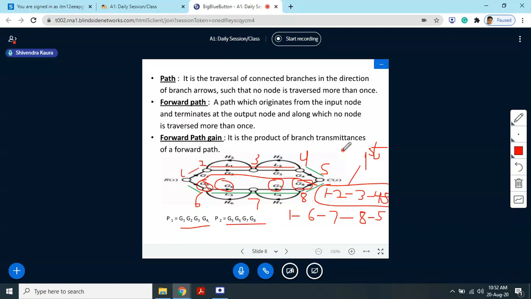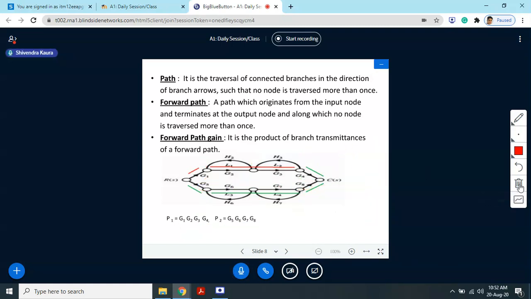So you have to remember that while you are calculating a path, your forward path will always be from input to output, and the arrow sign will be in one direction, from input to the output. You cannot go like this. Let me consider this path, again representing it by 1, 2, 3, 4, 5.